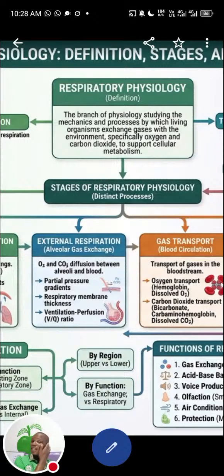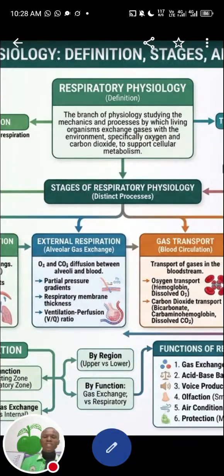F for fetal stage: the lungs are non-functional, breathes with amniotic fluid. The I is infancy stage: 40 to 60 breaths per minute. Early childhood is 20 to 40 breaths per minute. Late childhood is 15 to 25 breaths per minute. Then adulthood is 12 to 16 breaths per minute.